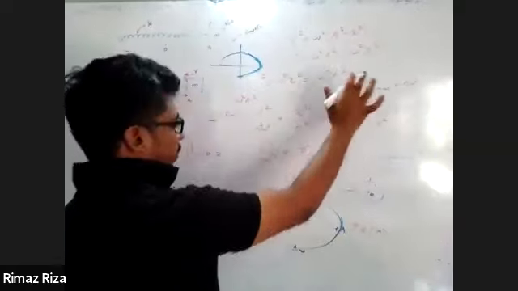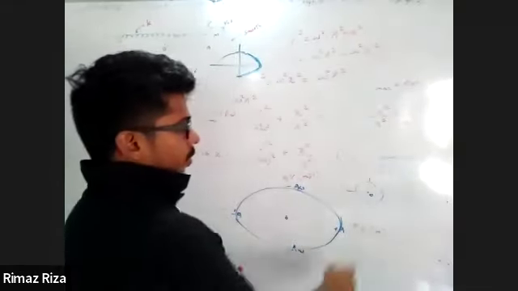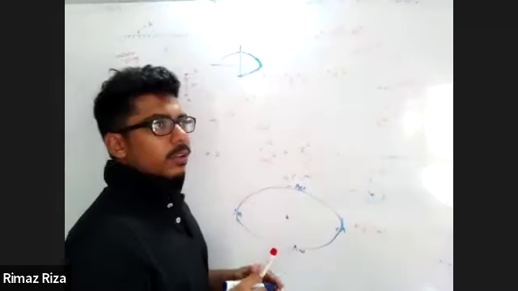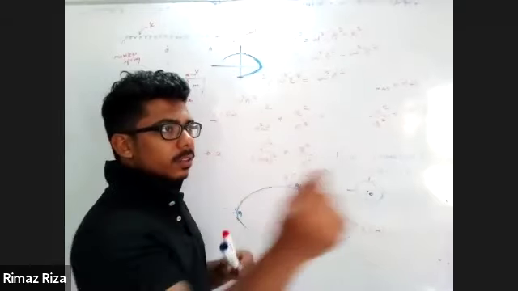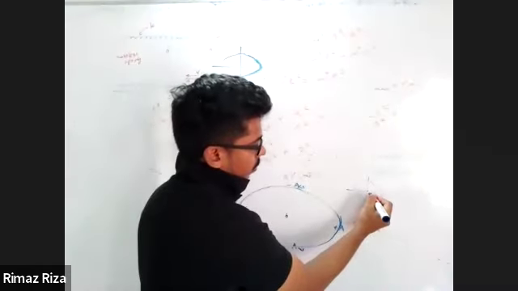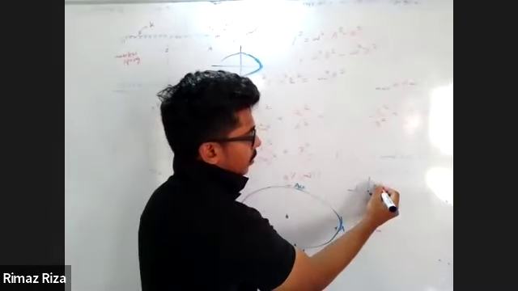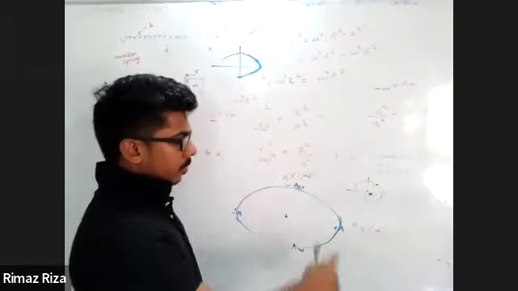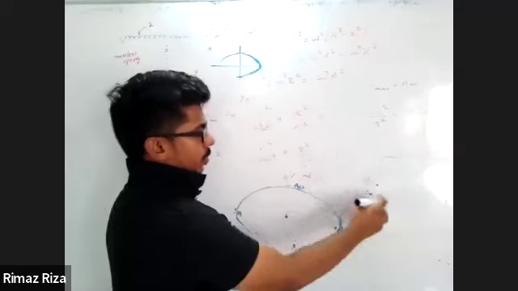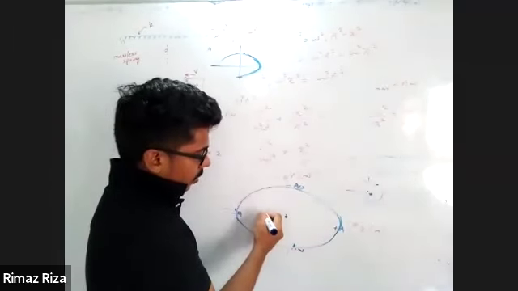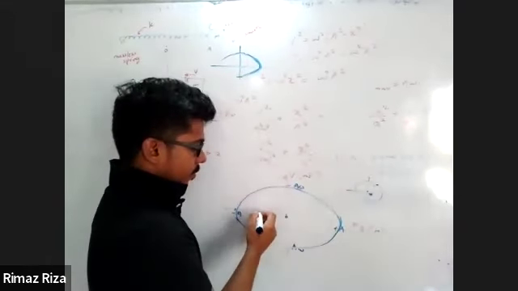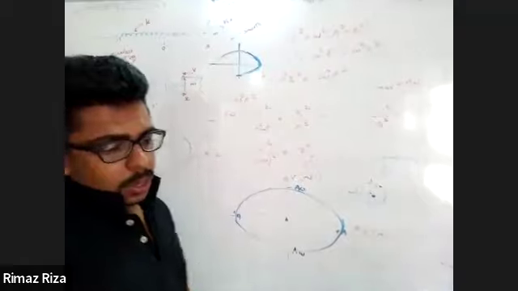Now, in our A-level physics, we study the Earth going around the sun in a circular motion. So this is the sun and the Earth is here. But actually, it's going in an elliptical path. But in our syllabus, you should know it's a circular path. The sun is here, and the Earth is going in an elliptical orbit.